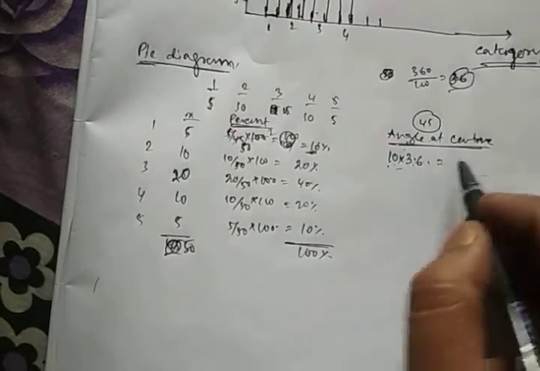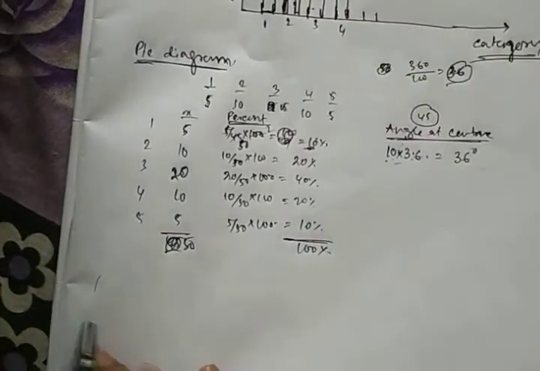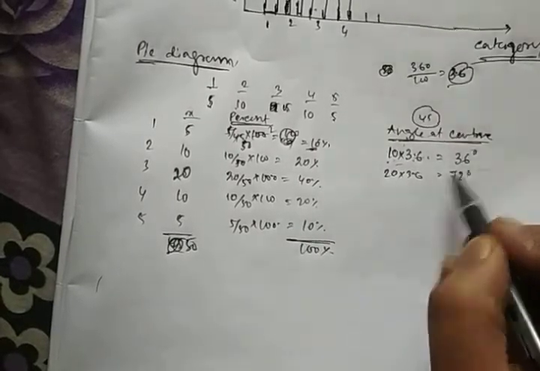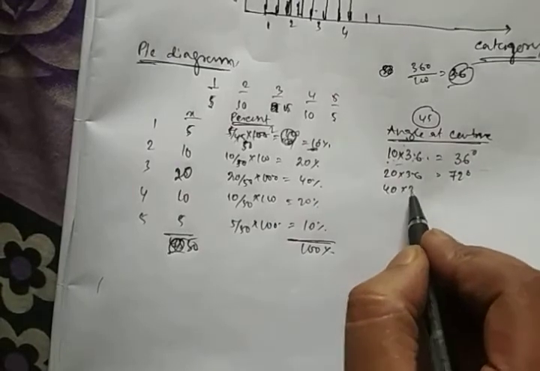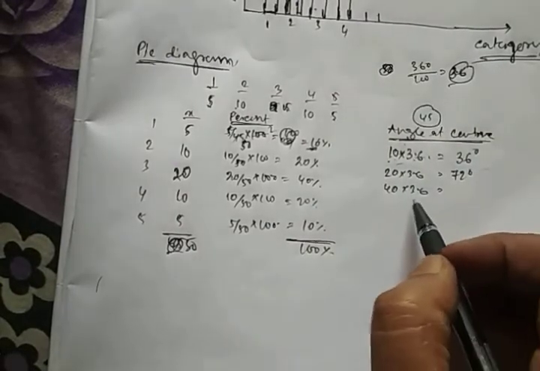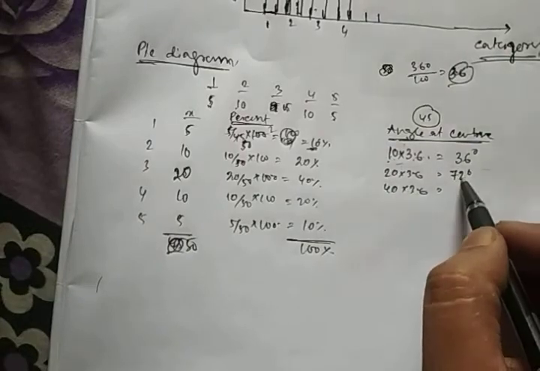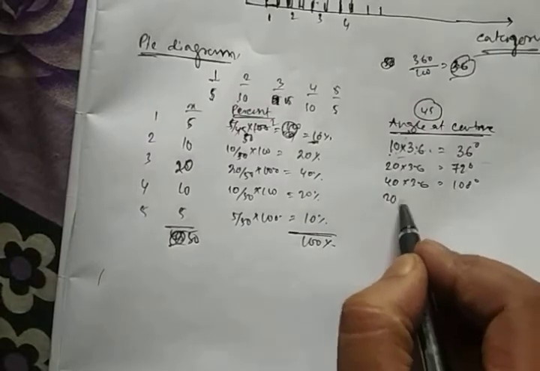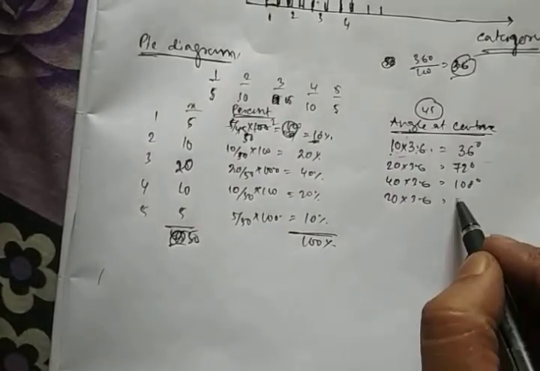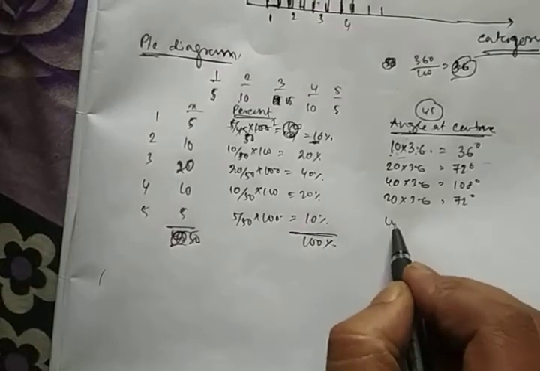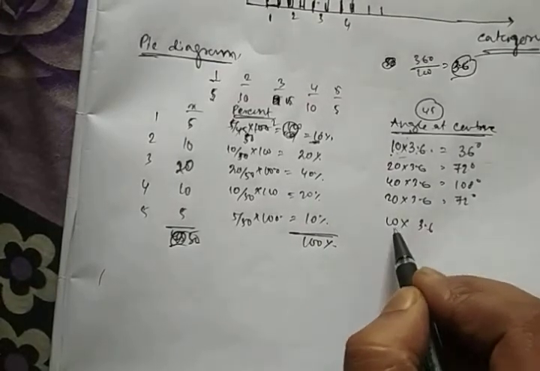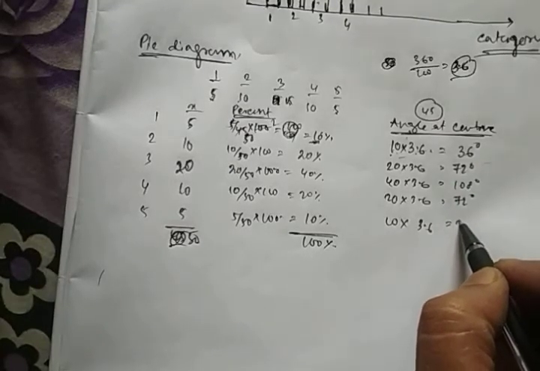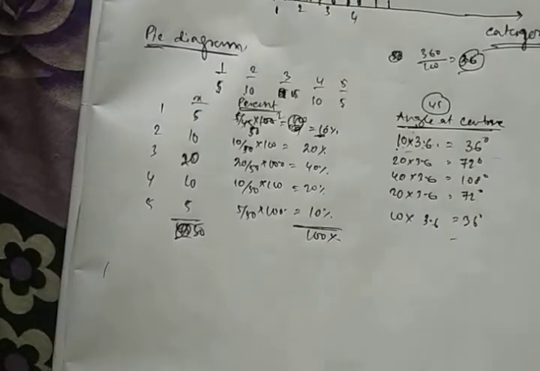So 3.6 into 10 is 36 degrees. Now 20 into 3.6 will be 72 degrees. 40 into 3.6 will be 144, so 10%, 20%, 40%, and so on, giving 36, 72, 108 degrees. Then 20 into 3.6 will be 72 degrees, and for 10%, which we already calculated, it is 36 degrees.